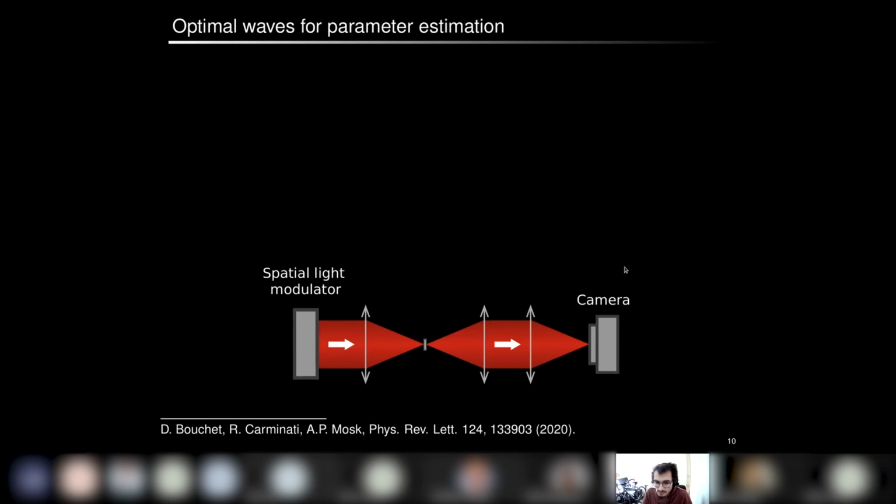So we started with numerical simulations. We consider a spatial light modulator and coherent light. You shine it onto a sample, and with the camera you measure the transmitted intensity through the sample. And you assume that the noise statistics of the camera are Poissonian, so basically your measurements are shot-noise limited.